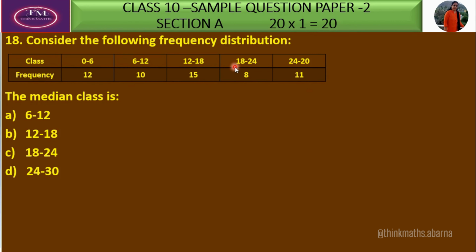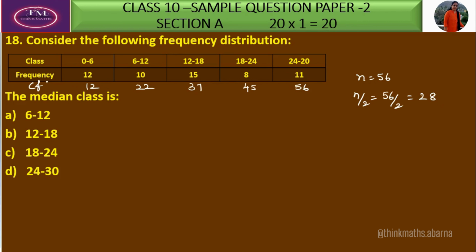So for this we have to find out the cumulative frequency. So cumulative frequency here is 12, 12 plus 10, 22, 22 plus 15 it is 37, 37 plus 8, 45, 45 plus 11 we have 56. So we have n is equal to 56. N by 2 is equal to 56 by 2, which is 28.